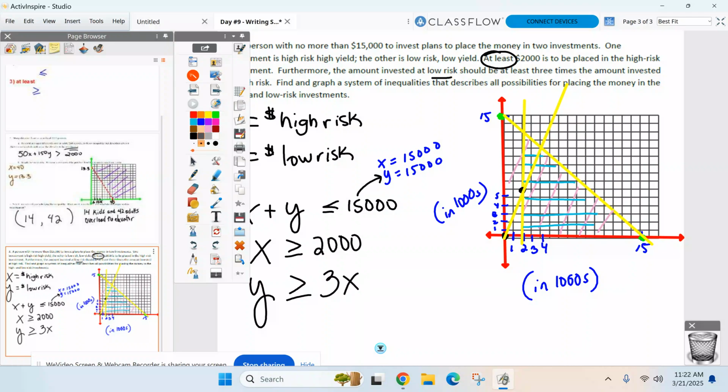So where's the region? That line, where did we say we're going to shade? This way, right? So why would the solution be there? We didn't shade that way for the last line. Good, good. Everyone's getting the S right in here.